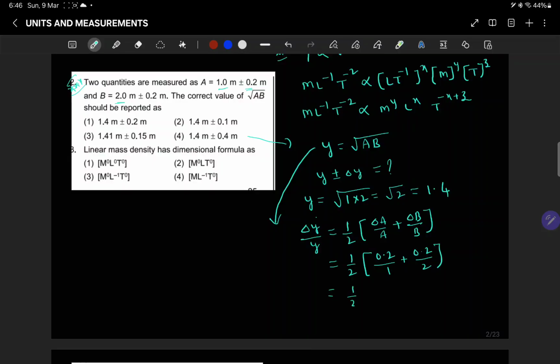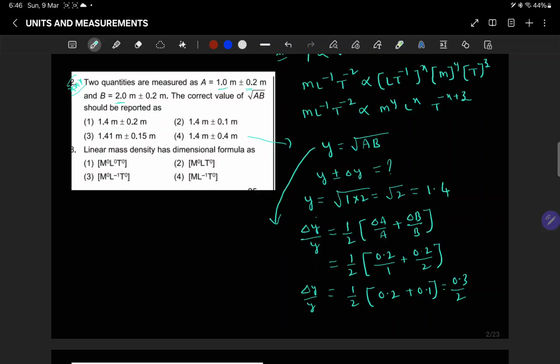That means 1 by 2 into 0.2 by 1 is 0.2, plus 0.2 by 2 is nothing but 0.1 only. So here you will get 0.3 by 2. This is delta Y by Y.